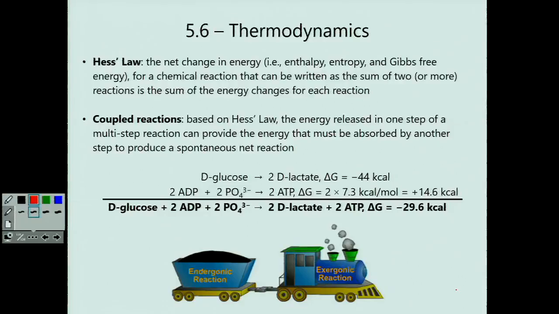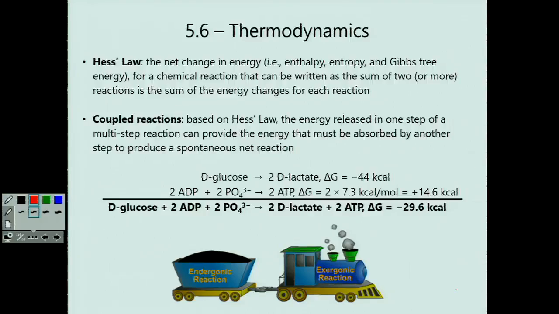Well, it's the coupling, the simultaneous occurrence of those non-spontaneous steps with other steps that are highly spontaneous. And it turns out that the net effect, when you combine a non-spontaneous process with a spontaneous process that releases more energy than what is required for the non-spontaneous process to happen, is a negative delta G, and it makes the overall process spontaneous.